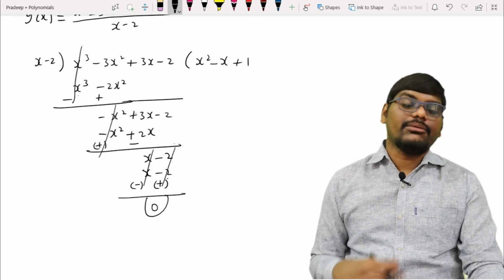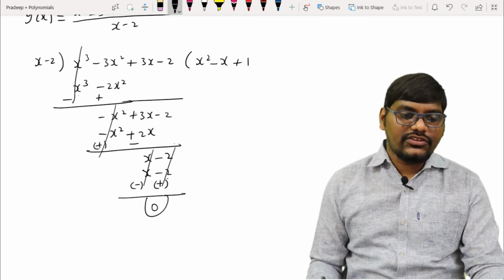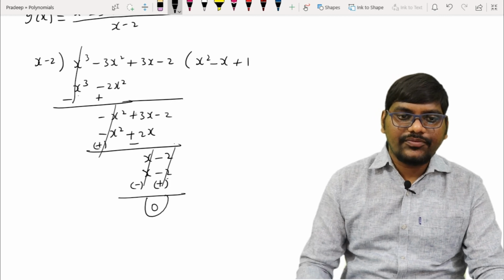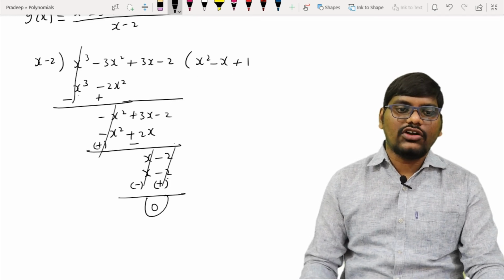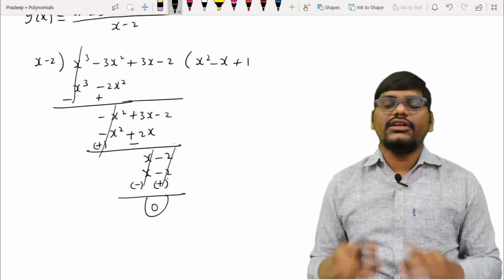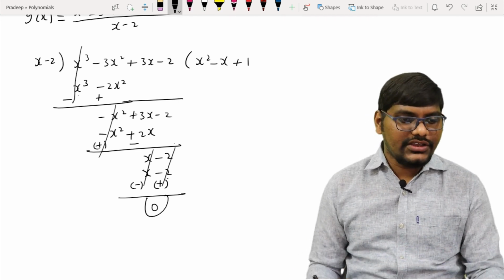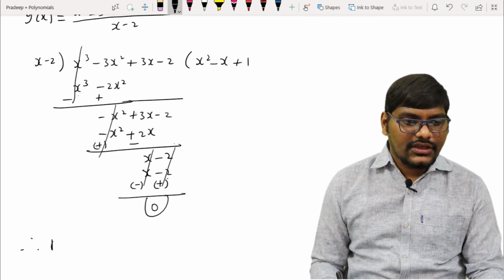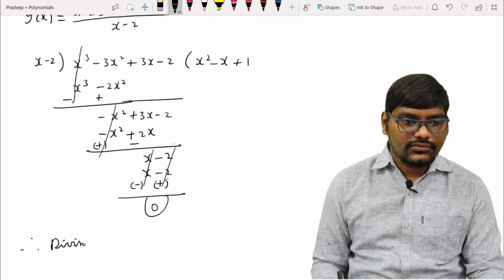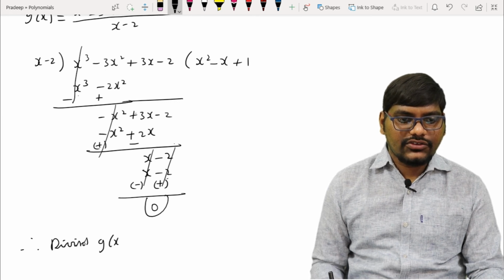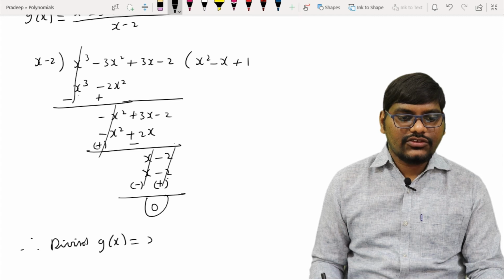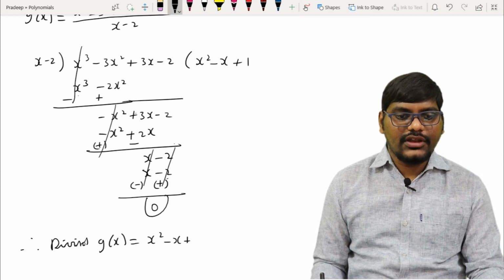So perfectly the remainder we got 0, then whatever the quotient we got over here, that is nothing but the divisor. So we'll write here, therefore divisor g of x is x square minus x plus 1.